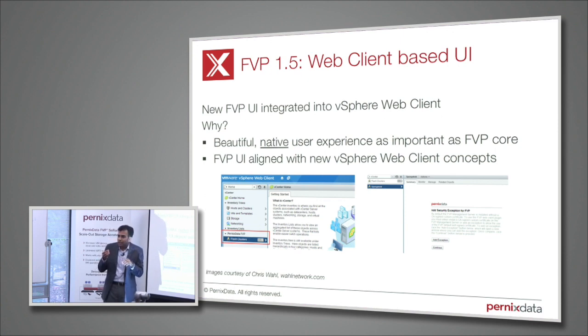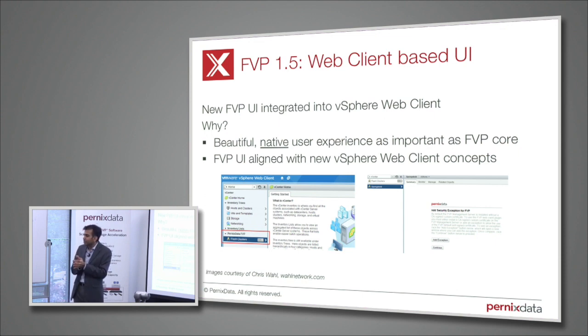People have blogged about it: they install FVP, it makes things faster, they move on with their lives, and now they are more interested in the operations aspect, looking at a level of detail about their workloads that they never had access to. We made it better in 1.5: we took that platform and ported it as a native plugin to vSphere Web Client. And so now it's right there.